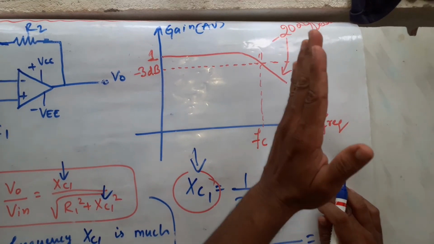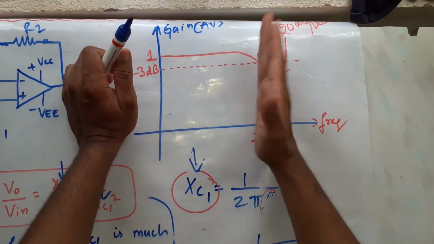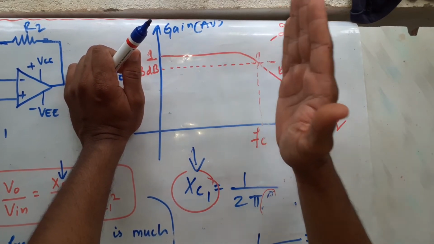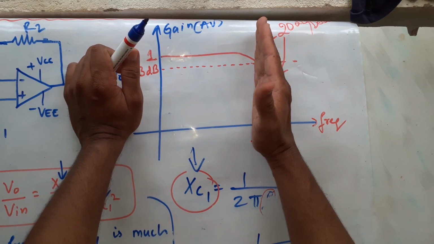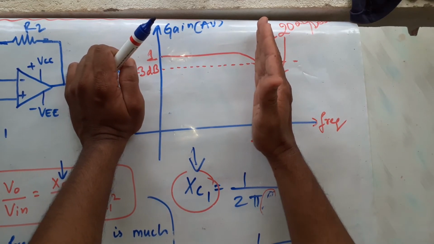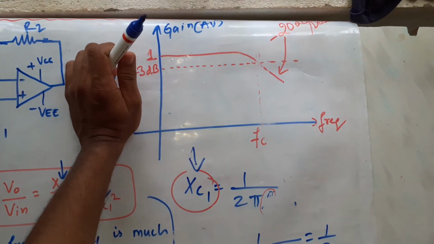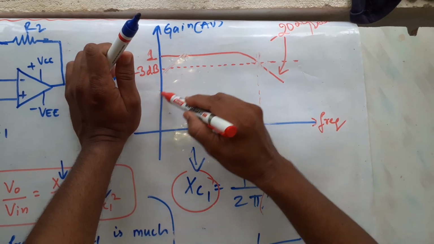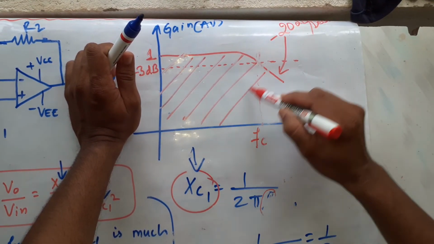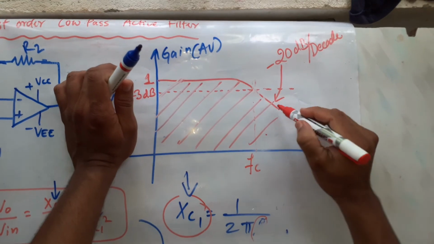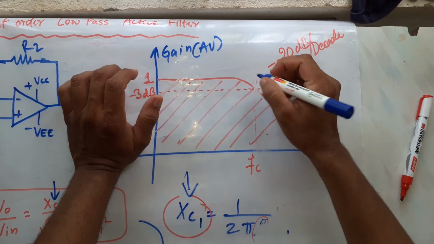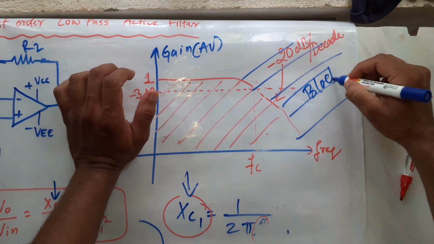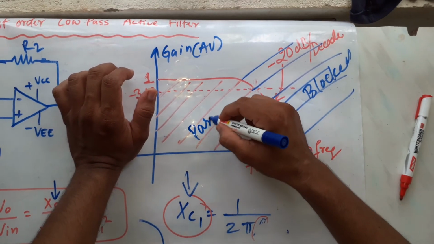Cutoff frequency means this is the place where you cut your final frequency. This is the final limit. Hereafter, no more will be accepted. Only this portion is passed, and all this is blocked.